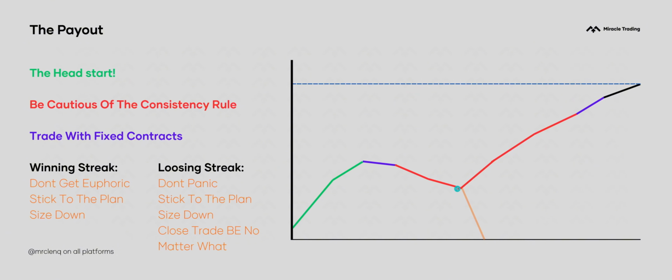And if you're taking a trade, let's say on this day you're back up to break even, close the trade immediately, no matter what you see, no matter if there are clean targets, clear liquidity, clear whatever, just close the trade at break even no matter what. All right, so this is going to help you a lot. So don't panic, stick to the plan, size down, close the trade at break even no matter what, so you don't fall off right here. Because when you get back to break even, now your mind is clear. Now you can trade with a clear mind the next day and everything is going to be good.